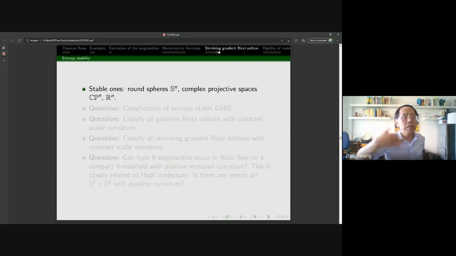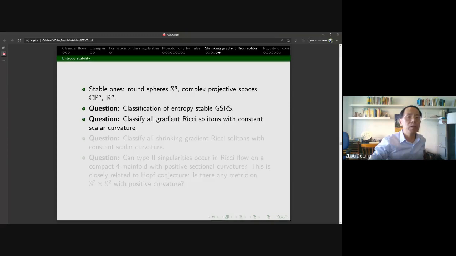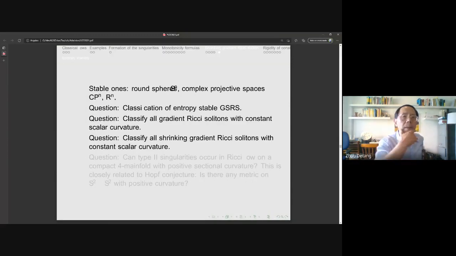Just to say a few words, there are some similar entropies for mean curvature flow, which are important for the stability and for the surgery of mean curvature flow. So there are several questions. The most interesting question I want to mention is that, of course, we want to classify all the shrinking solitons.